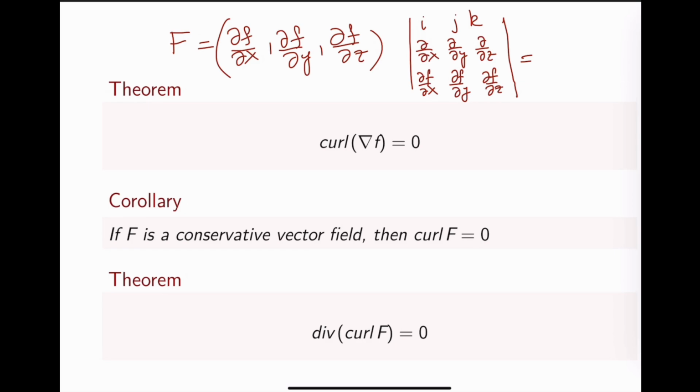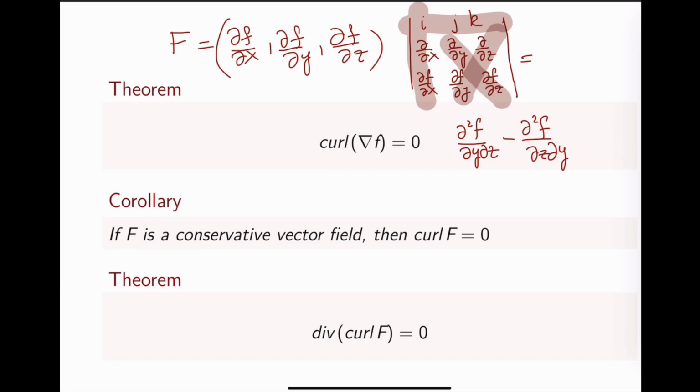So for instance, when we do the first component, we eliminate this, and we're going to calculate just the determinant that remains. Well, observe the determinant that remains. We're going to have here the derivative with respect to y of the derivative of f with respect to z, which is the second derivative of f with respect to y and z. And when we do the other one, the one that we have to subtract, we are going to have the second derivative of f with respect to z and y.